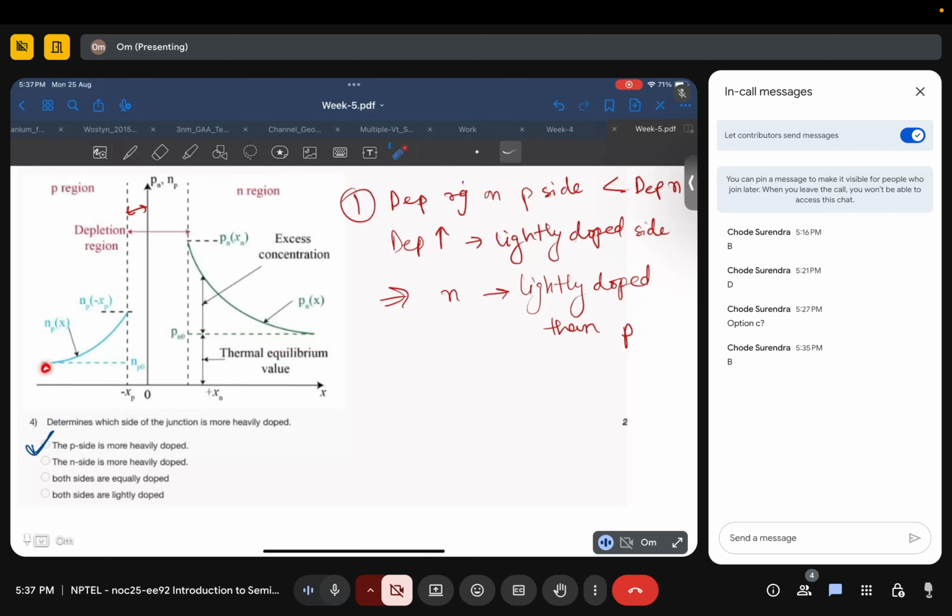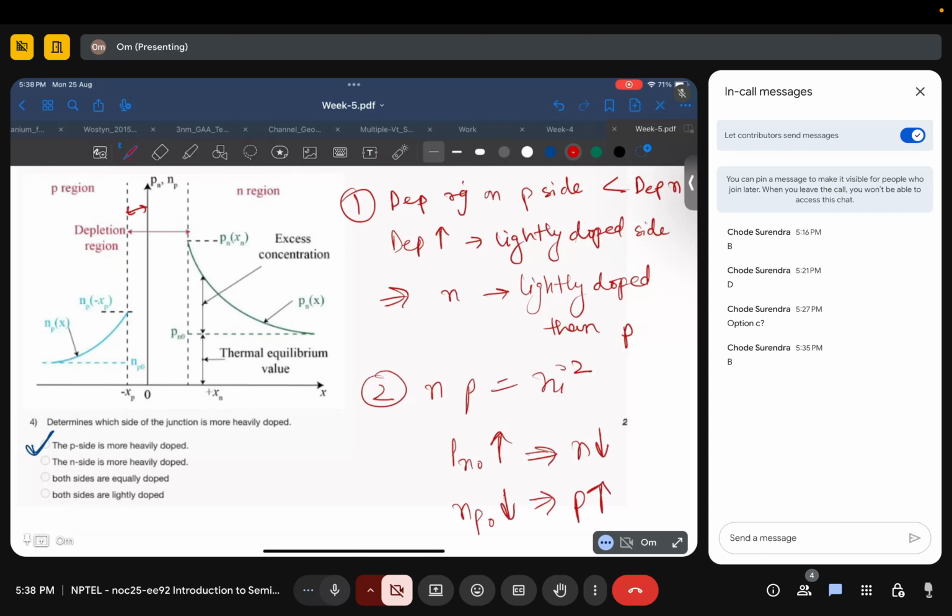Compared to here, the minority carriers are less, so majority carriers will be more because in equilibrium Np is Ni square, right? So if Pn0 is higher, this implies N is lower, or Np0 is lower, this implies P is higher, right? So P side is more doped. Is this clear?